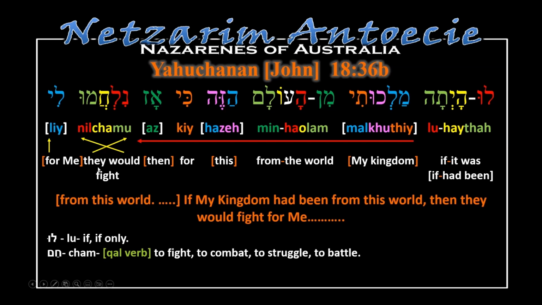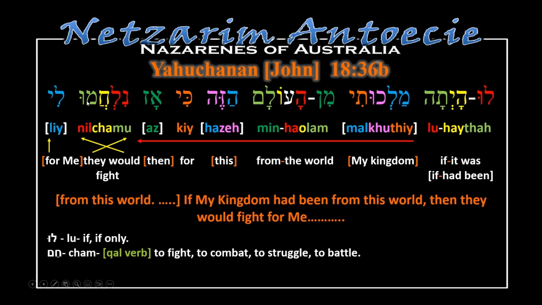nilchamu, they would fight. If we look down here, we got cham is a kal verb, and with the lamed, it literally means to fight, because cham means fight, right? To fight, to combat, to struggle, to battle. The root of it is cham, meaning fight.